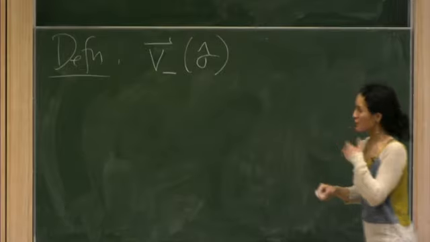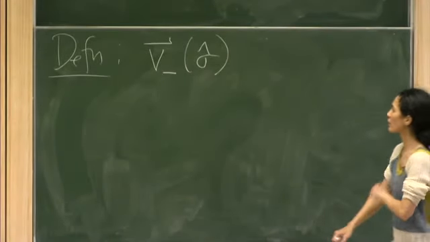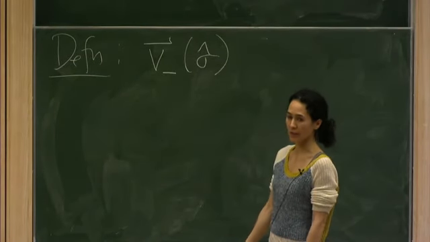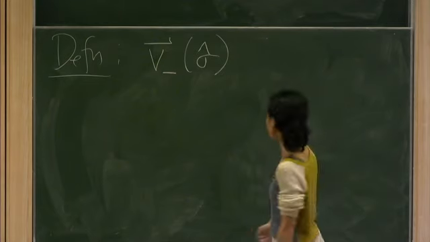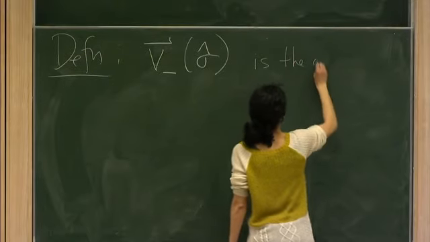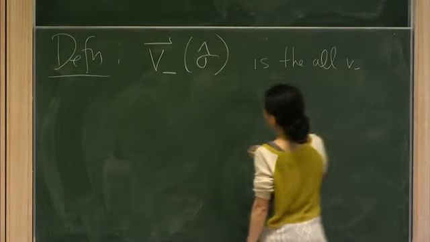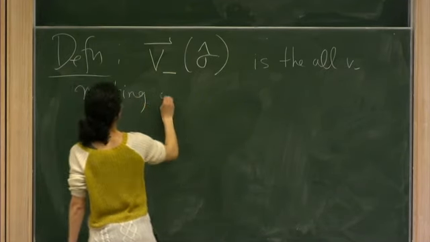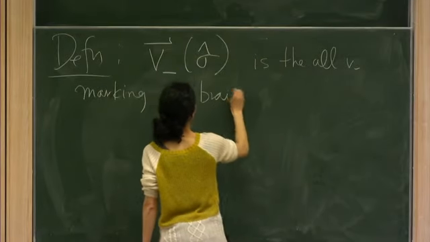So this is going to be some distinguished generator in this Khovanov complex of a braid closure, and this is the all V minus marking on the all braid-like resolution.